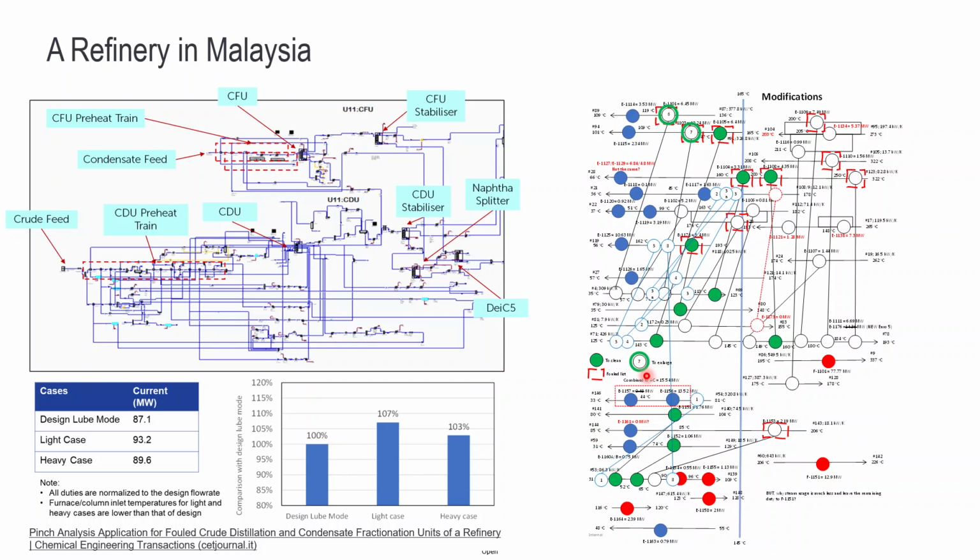So I separate them into two so that we know, psychologically, that these two are different complexes, and there should be some distance between them. And then I also place hot streams on the top part. For example, in this case, these streams are the hot streams, while these streams are the cold streams.